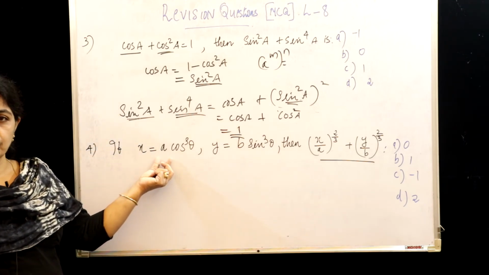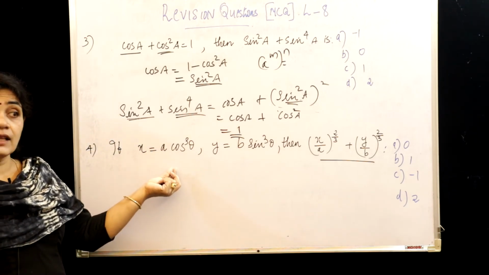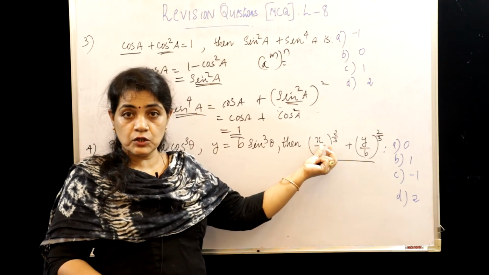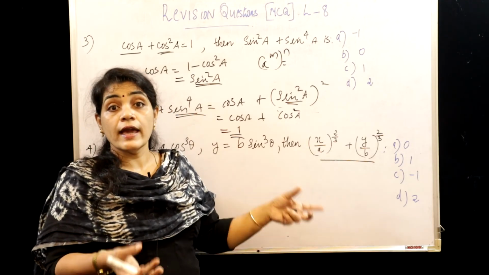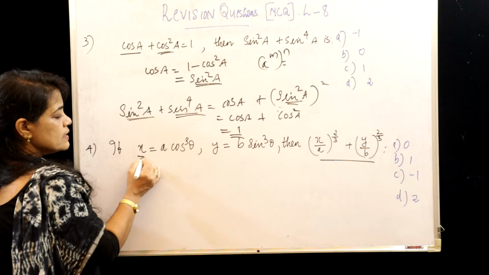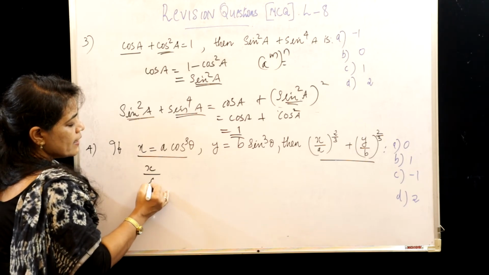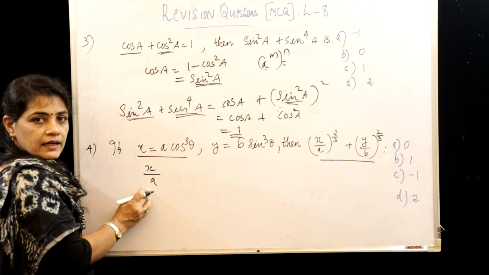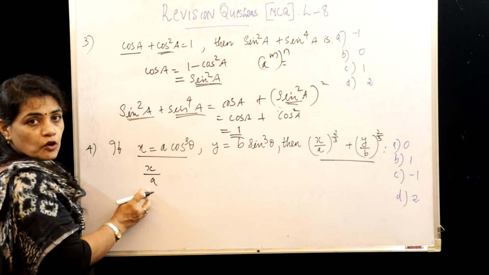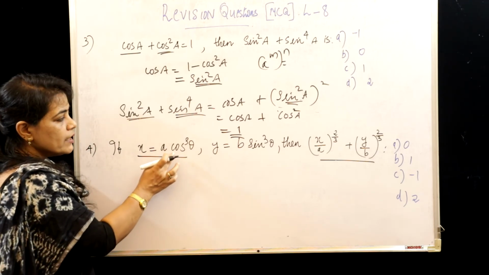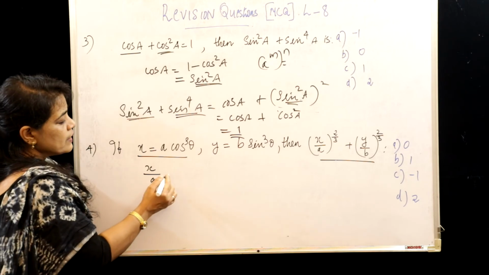This is given. So in order to get x by a, we should substitute for this. So from this, what will be x by a? If I am taking a to this side, it will be in the denominator. RHS into LHS, multiplication into division.